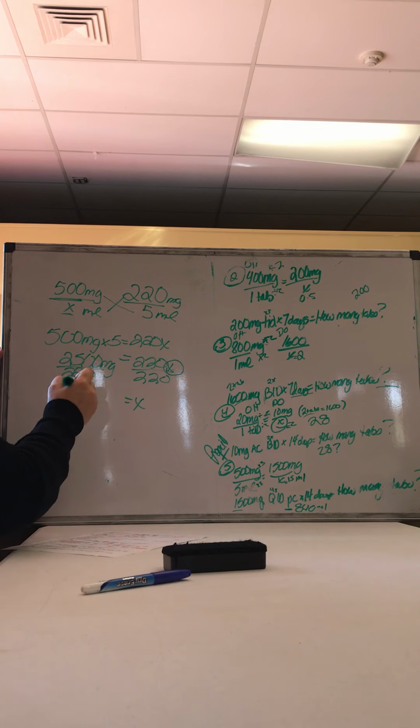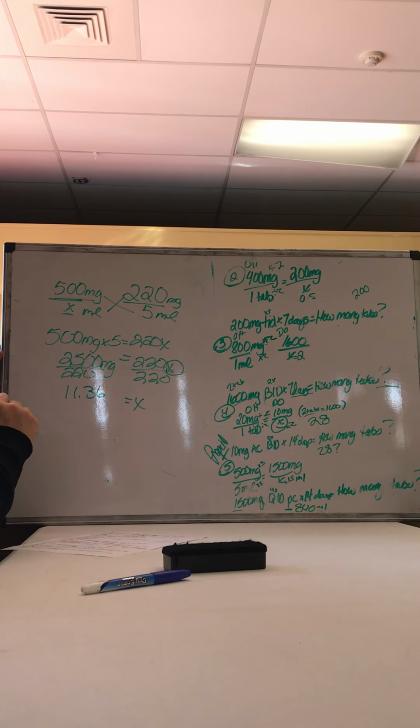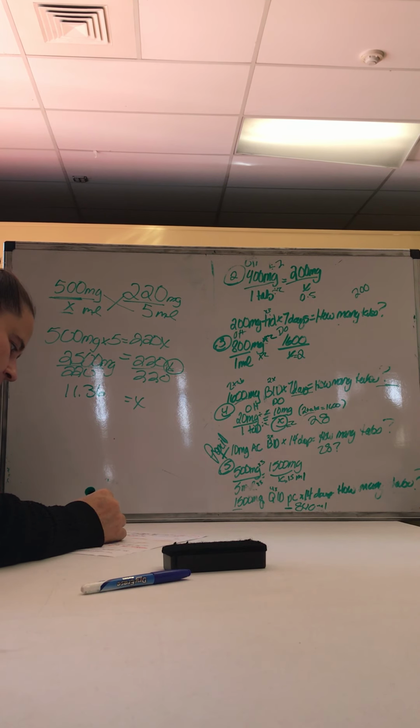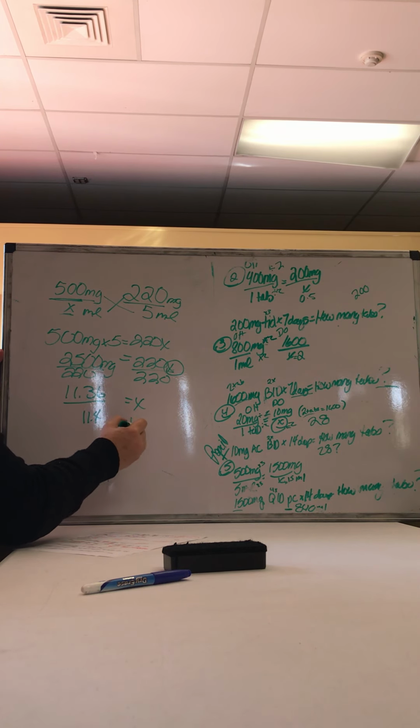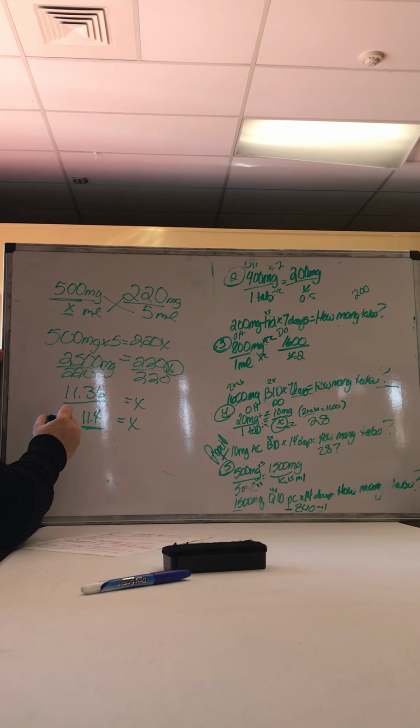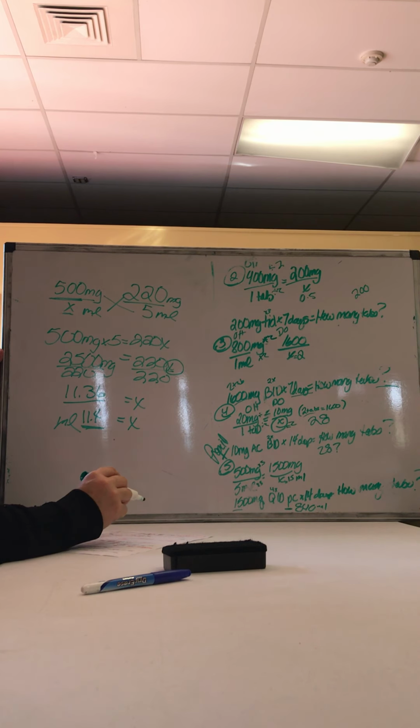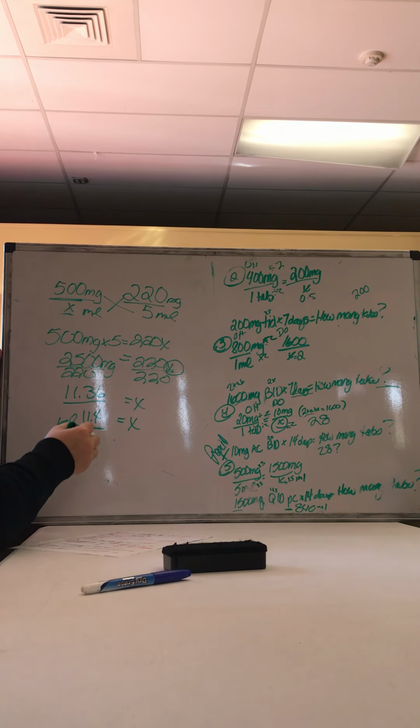So your answer is 11.36. What we need to know is, you have on the shelf, how many milliliters is required for one dose. So we've got 11.36. We want to round that up to the nearest tenth. So that is how many milliliters we're going to give. And that is your problem.